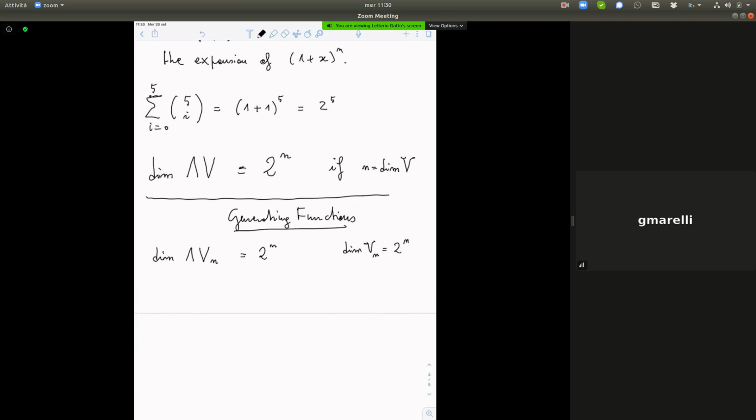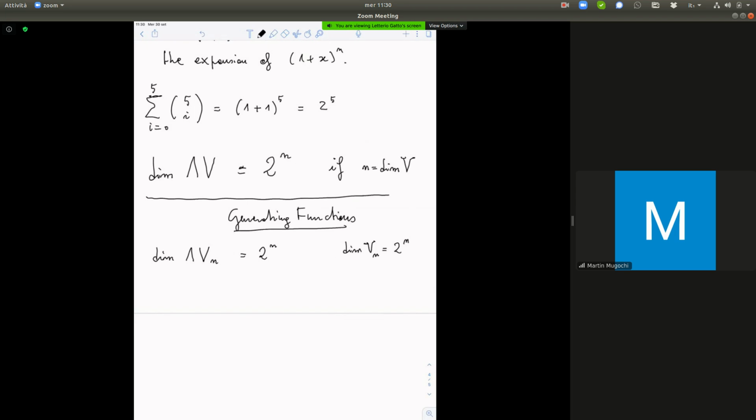So we want to find a formula which gives us the dimension of all the exterior algebra of a vector space of any dimension, and the standard procedure in combinatorics is to consider n there.